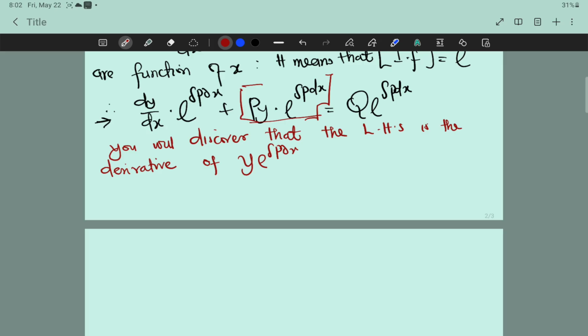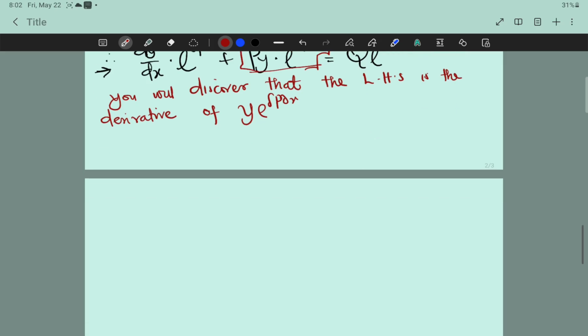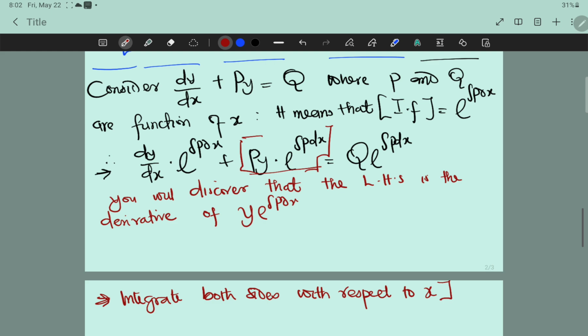So when you do that, you now integrate both sides with respect to x. Then the next step is to do what? Integrate both sides with respect to x. Do you understand me now? The results begin to look far more complicated than it already is.